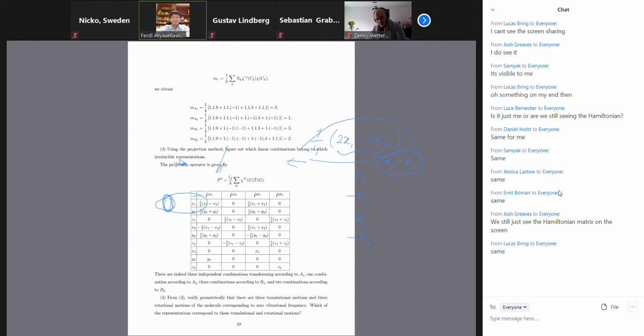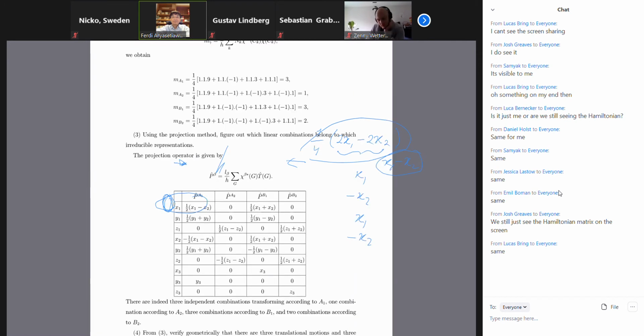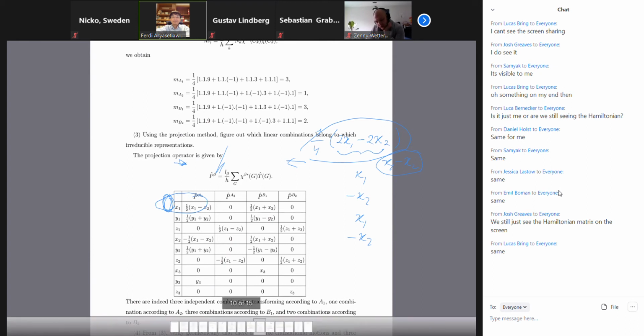So then we get x1 plus x2 because we have the characters 1, minus 1, 1, minus 1. So if I multiply this, then we get x1 plus x2. And so on. Yes, it's quite clear, I think.